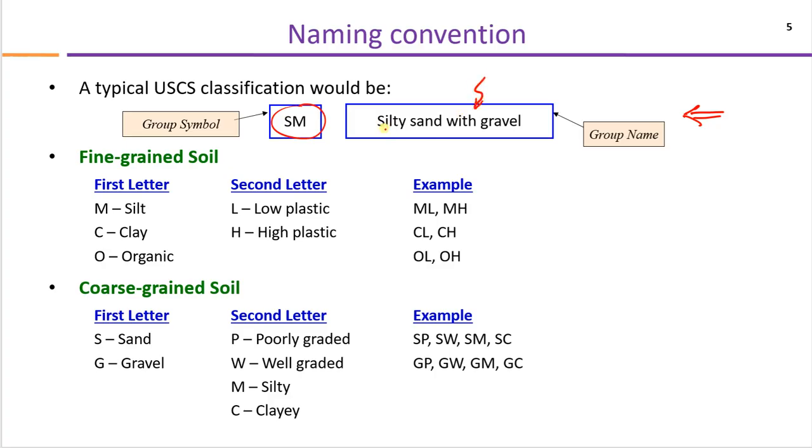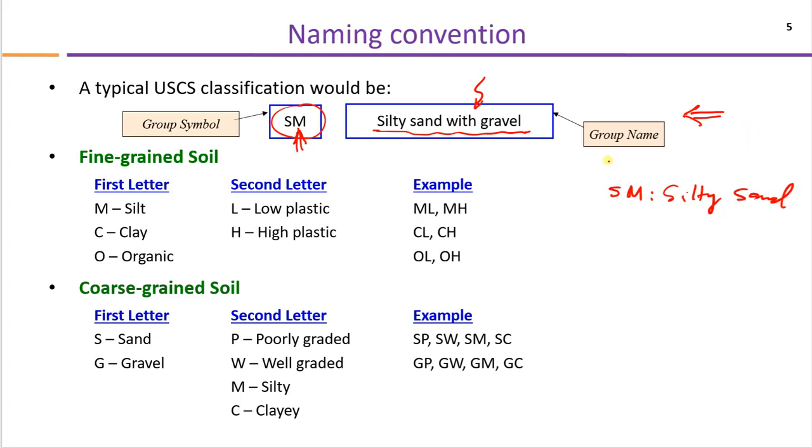It says silty sand with gravel. From this symbol I can read it has silt and sand, so I can say silty sand. But what about gravels? That information is not here. For that you have to go through the table, and then the complete information will be silty sand with gravel. Maybe there is another soil SM, and the detail is going to be only, let's suppose, silty sand. It is also possible.